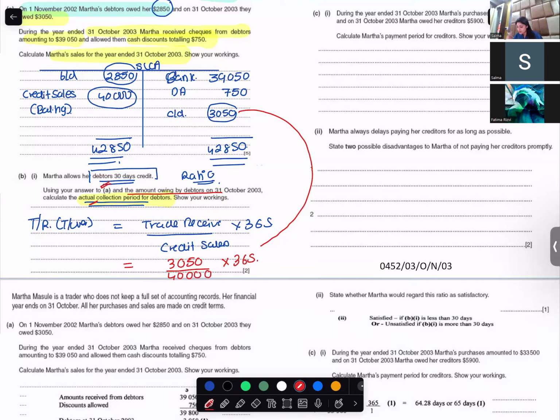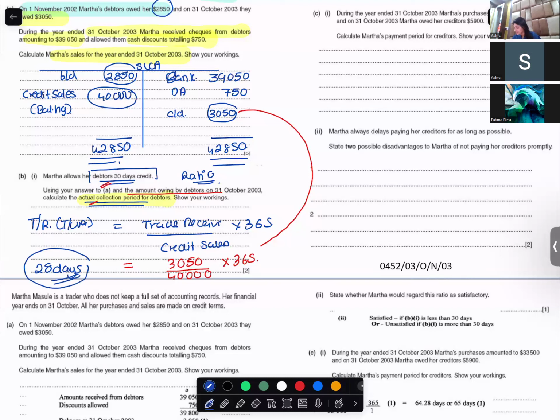So what is your actual collection period? 27.82. Anything above the point, you will round it off to 1 day ahead. So your collection period is 28 days.